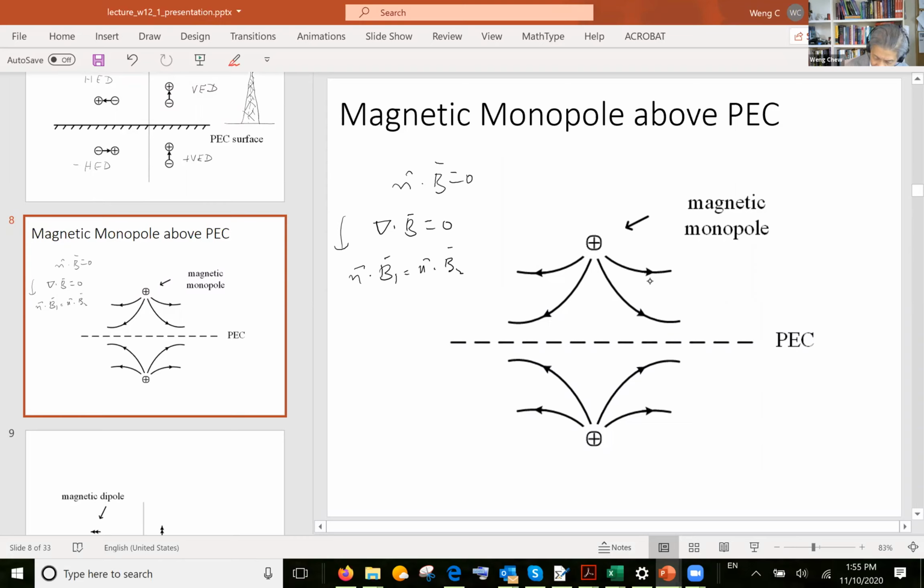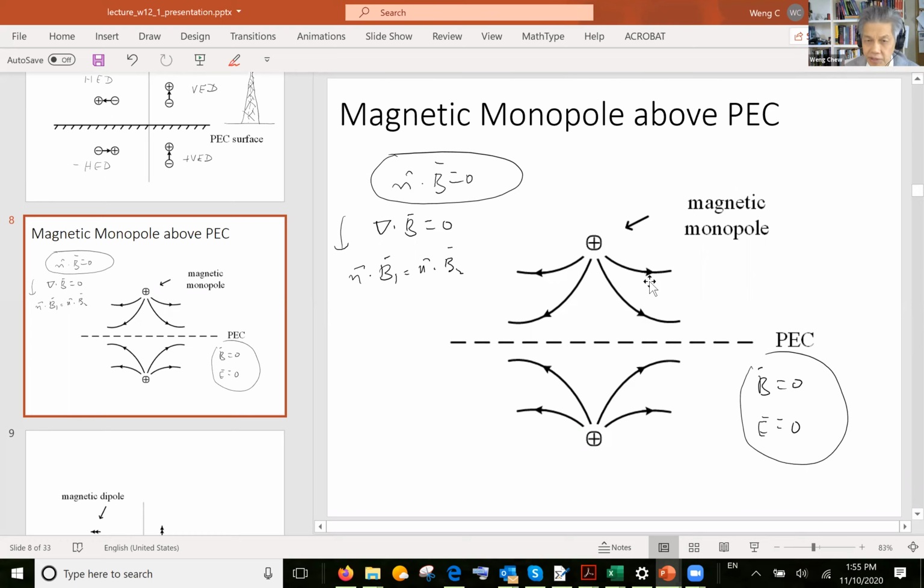And if it's a PEC, B has to be 0, E has to be 0 inside, and if B is equal to 0, E is equal to 0, then n dot B must be 0. Okay, why is it that B has to be 0 and that E has to be 0 inside the perfect electric conductor? Does anybody know the reason?